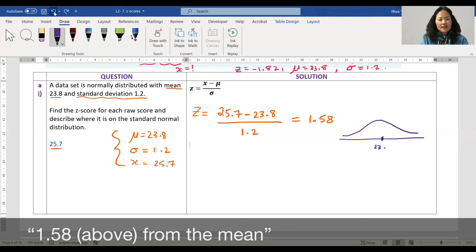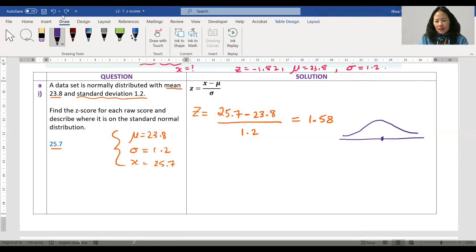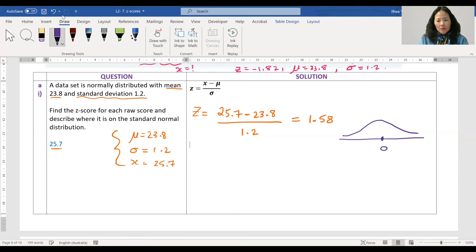Yes, that's it. So if we put 0 here, my representation of the 25.7 on a Z score is 1.58.